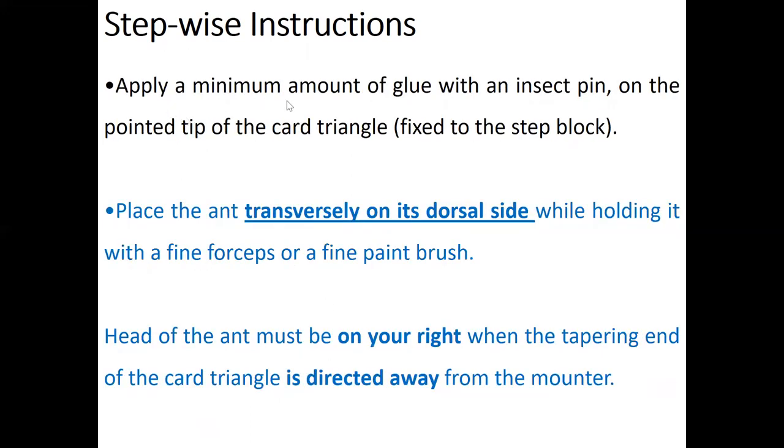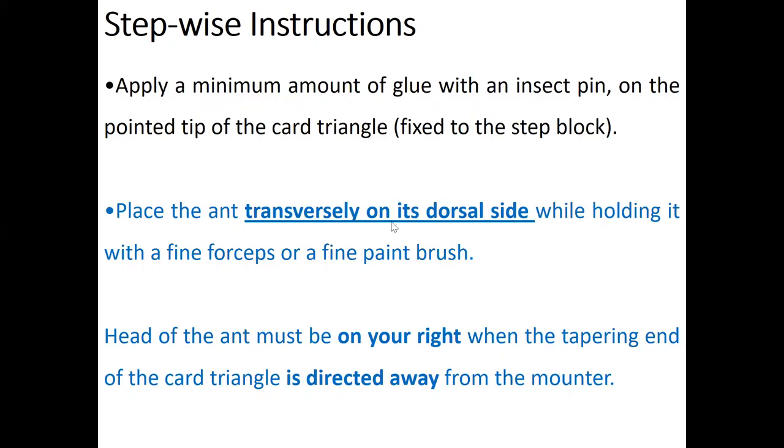Now, apply a minimum amount of glue with an insect pin on the pointed tip of the card triangle fixed to the step block. Right now it's fixed to the step block. While it is there, you add a very small amount of glue with an insect pin on the pointed tip of the card triangle.